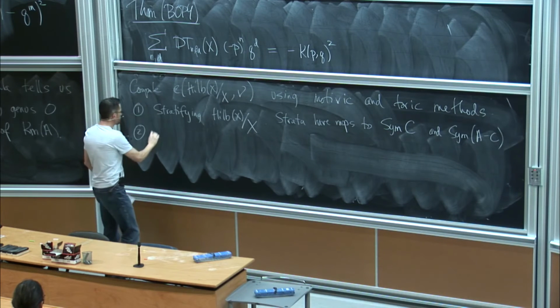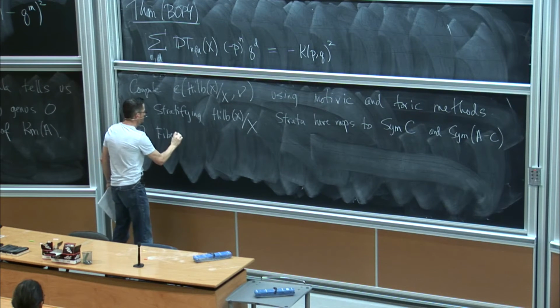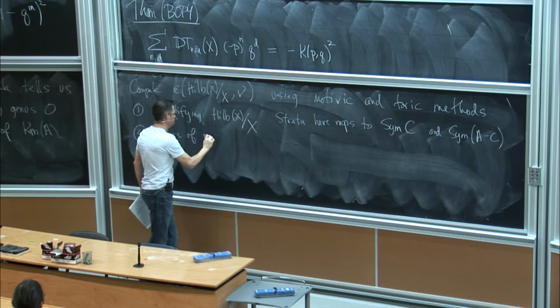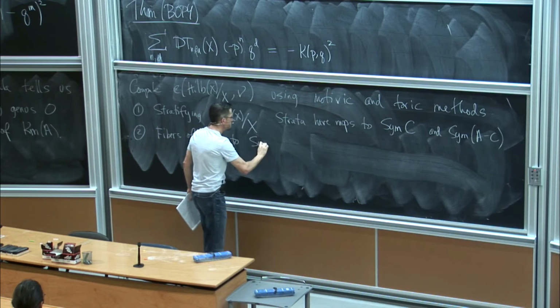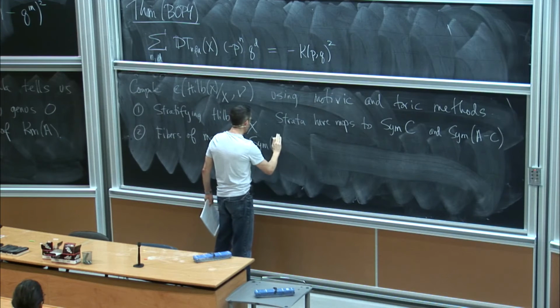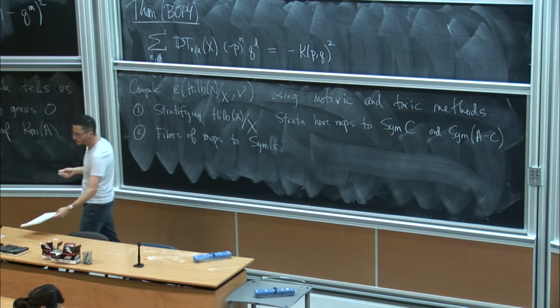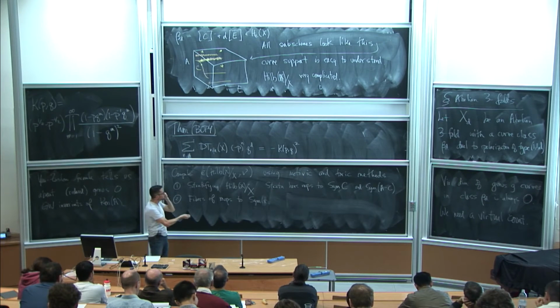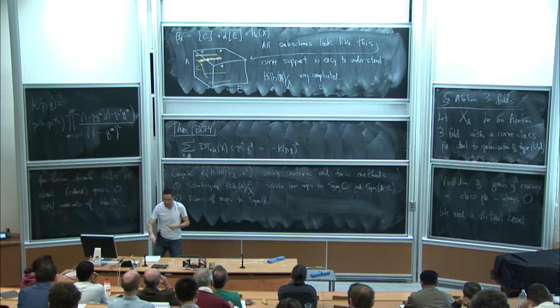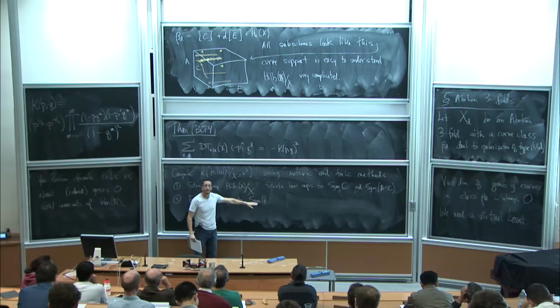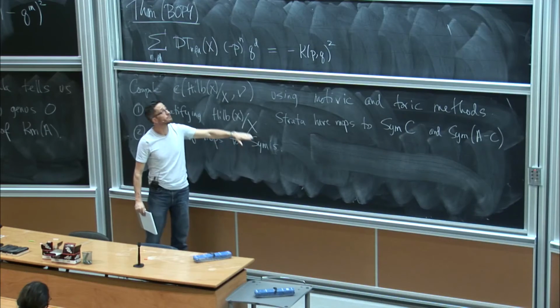And I can look at the fibers of the maps to the symmetric products. One way to compute Euler characteristic when I have a map is to compute the Euler characteristic along the fibers and then push that forward to a constructible function on the base. So I really need to compute the Euler characteristic of the fibers.